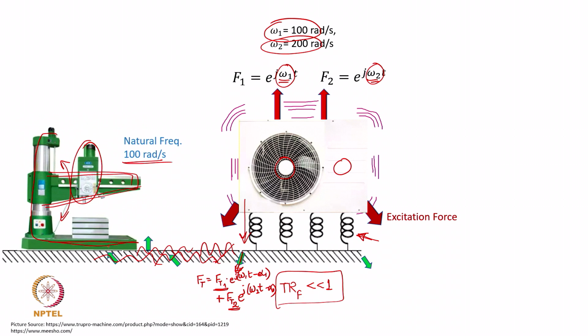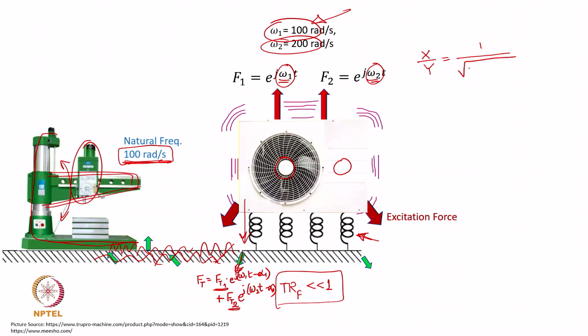But that could be good enough to excite some base motion here, and the worst thing will happen if one of the natural frequencies of this system matches the excitation frequency. You must note that the amplitude of vibration, x over y or y over x, whatever you call it, suppose base is y, is going to be 1 over this ratio.